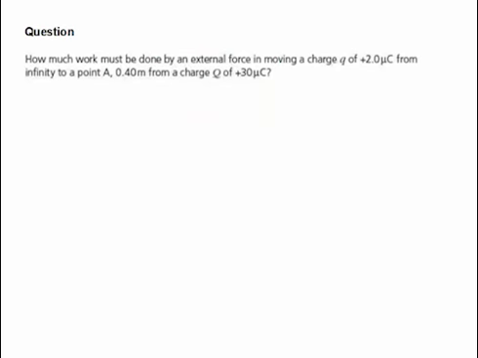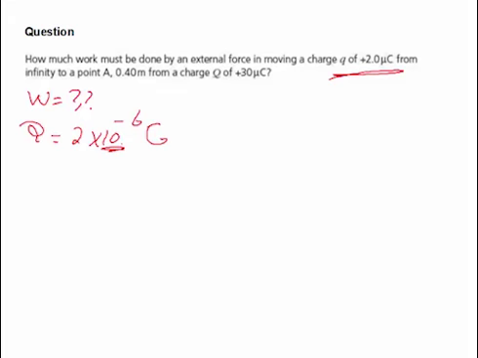We have here a question. How much work must be done? So we are asked to calculate work. Let's write our quantities. Done by an external force in moving a positive charge of 10 to the minus 6, to convert microcoulomb into coulomb we have to multiply by 10 to the minus 6, from infinity to a point.